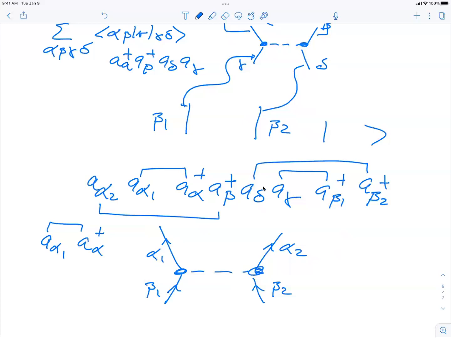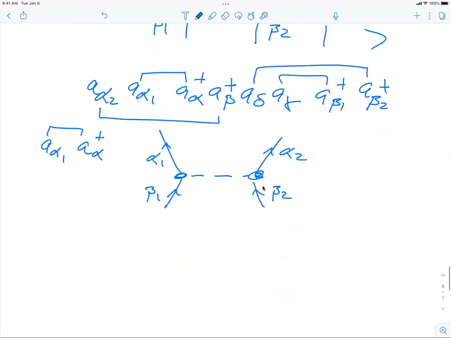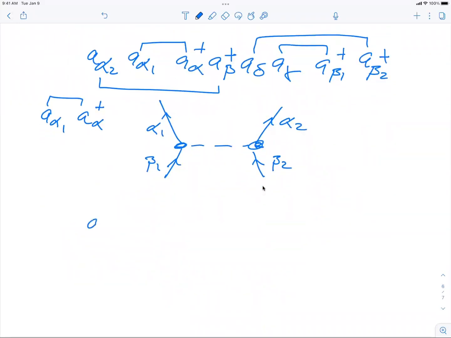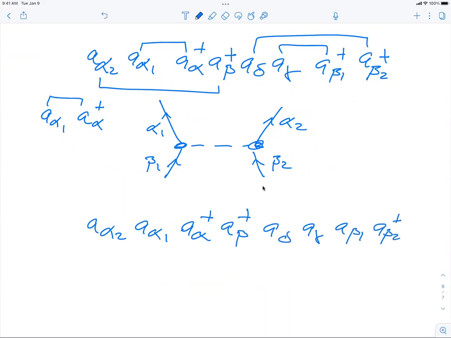Now let's look at the next contraction, where we take A alpha 2, A alpha 1, A alpha, A beta dagger, A delta, A gamma, A beta 1, A beta 2 here.